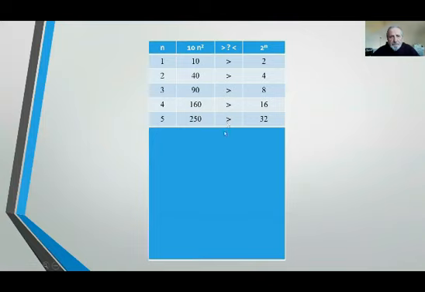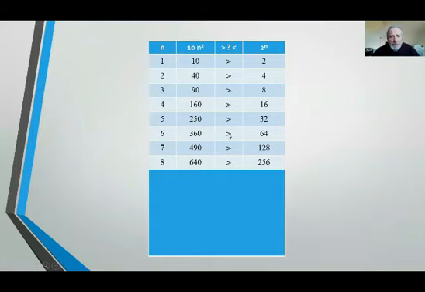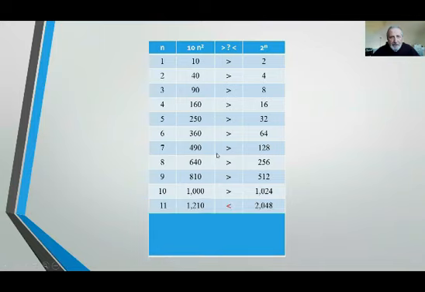5, 6, 7, 8, 9, getting closer, 10, very close here, 11, the inequality now changes direction. Now this term is less than this. 12, less than this.